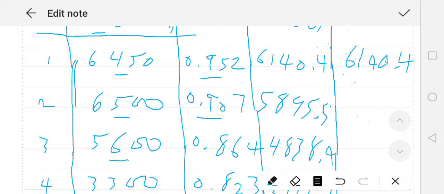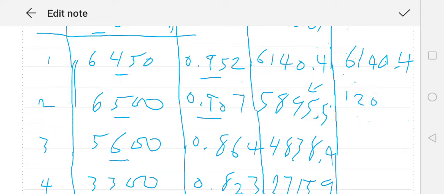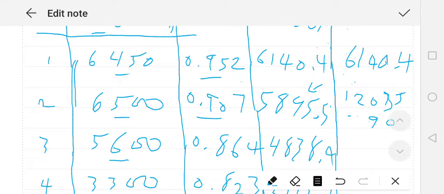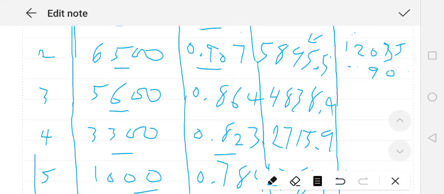Year 2 is going to be that of year 1 plus the figure for year 2. So 6140.4 plus year 2's figure, which is 5895.5, gives us 12035.9.